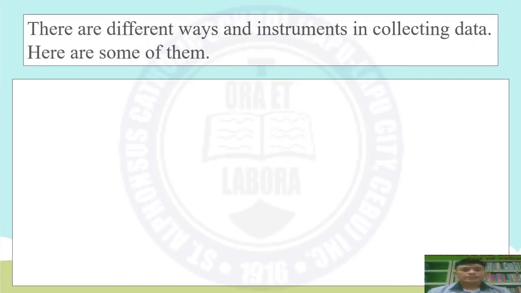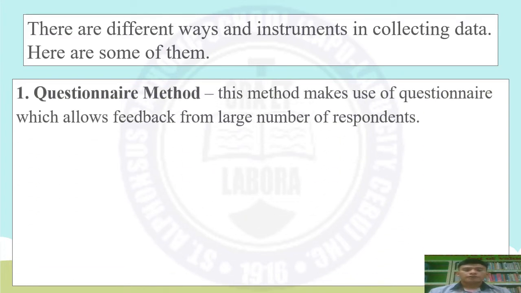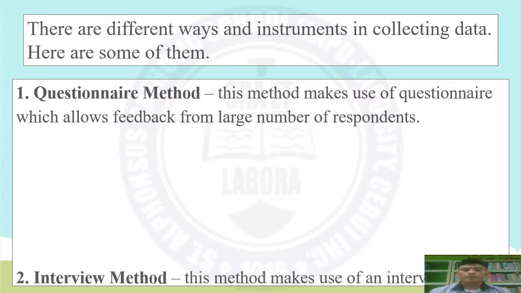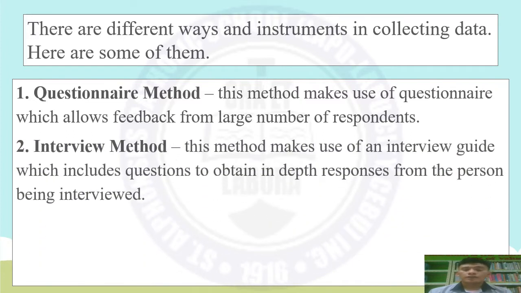There are different ways and instruments in collecting data, and they are: first, the questionnaire method. This method makes use of a questionnaire, which allows feedback from a large number of respondents. Number 2, interview method.